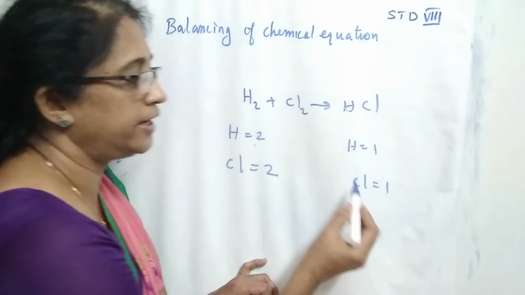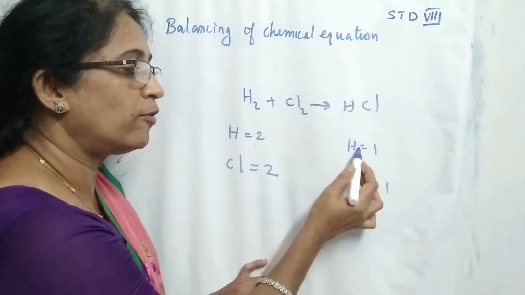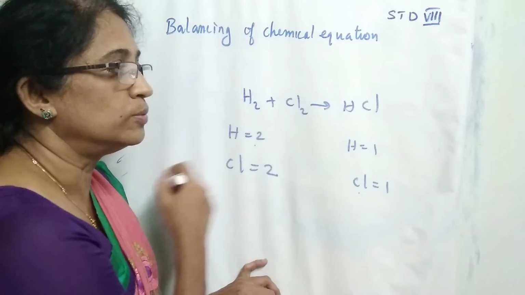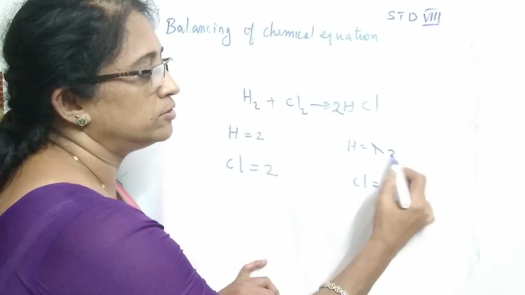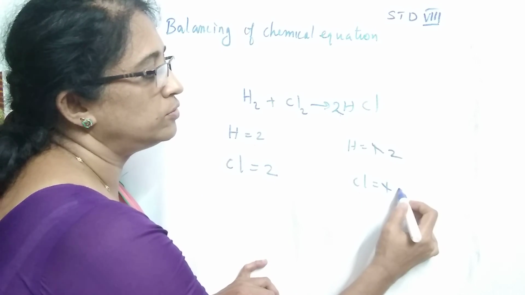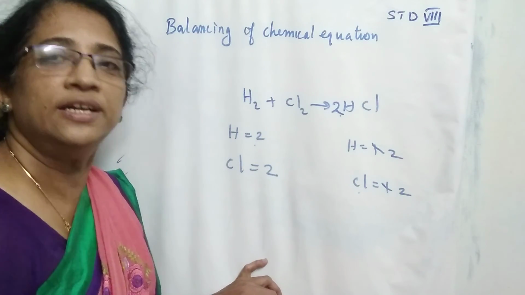Chlorine 2 on the left side, chlorine 1 on the right side. So how will you make the number of hydrogen and chlorine equal to 2? Write 2 along with HCl. 2 into 1 is equal to 2. Hence we get the balanced equation H2 plus Cl2 gives 2HCl.